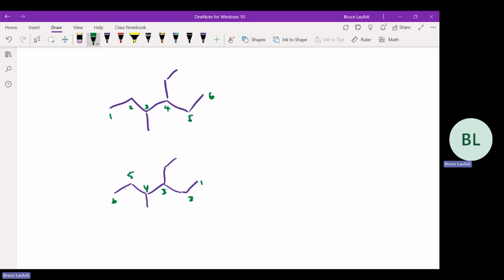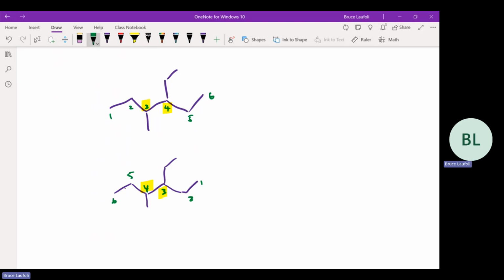Now, as you can see in this situation, we have the substituents in the first case on carbon number 3 and carbon number 4. And over here, we also have the substituents on carbon number 3 and carbon number 4.